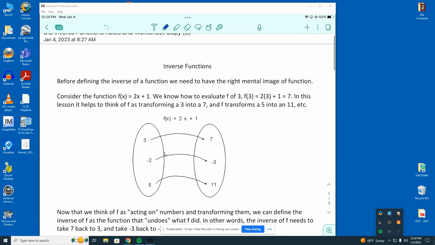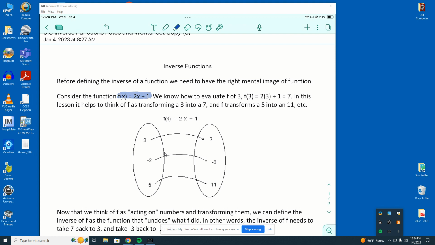Okay, so for example, in this particular problem that is mapped here, we have the function 2x plus 1. See that? So what happens is literally you input a value for x, and it will output the value for what? For y.